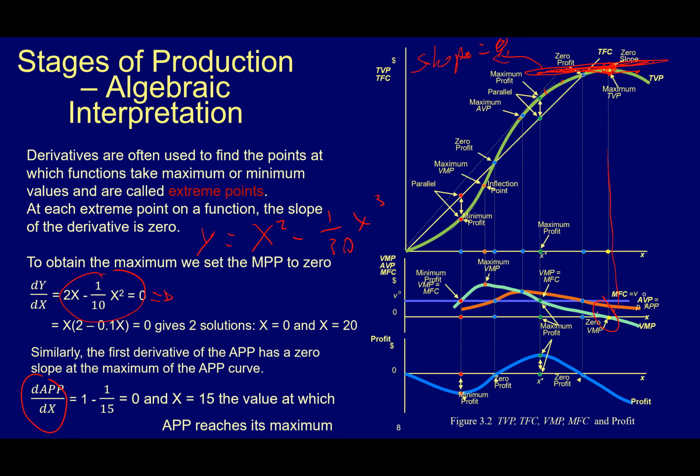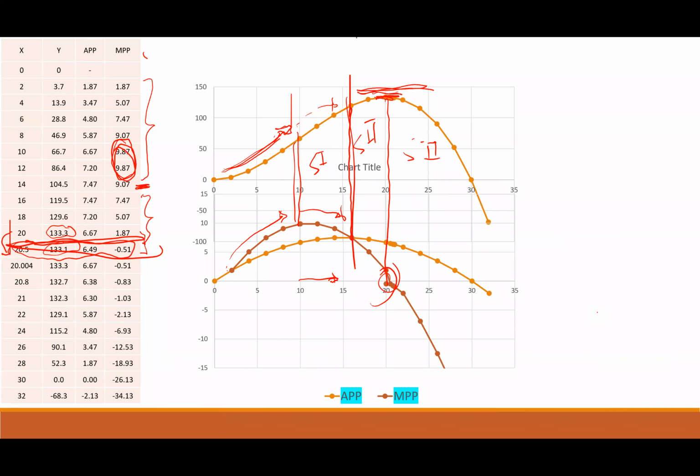In our example earlier, I think the maximum value was somewhere around 20, between 20 and 21, just about here. In this example, I decomposed it, increasing by 2 each time.